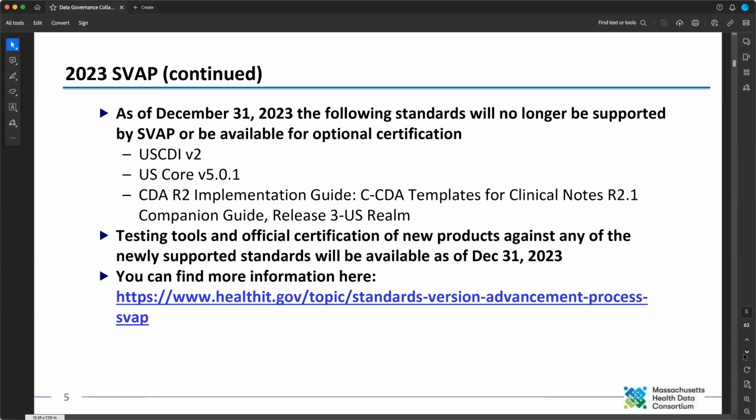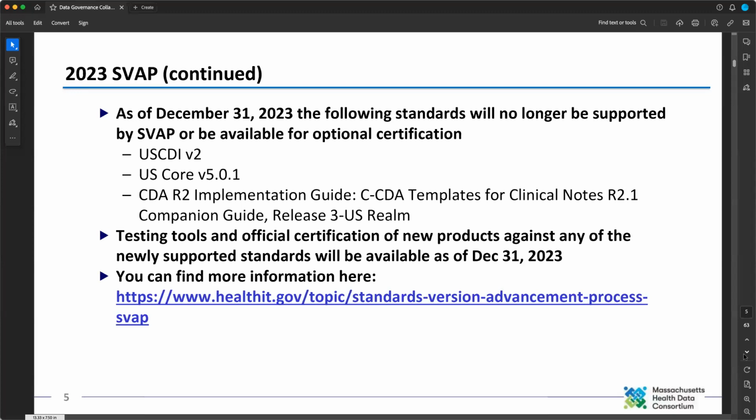Testing tools for the new versions will not be available until December 31st, 2023. However, what they said is that if your product is currently certified, you can just attest to the USCDI version 3 support and be considered certified against it for now.